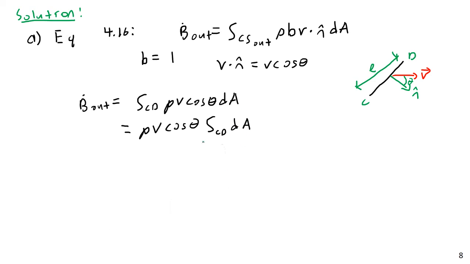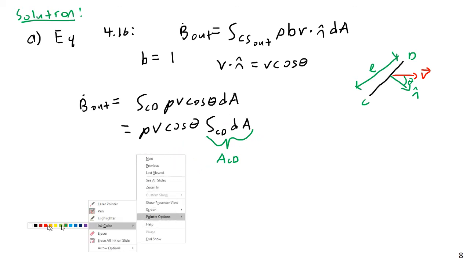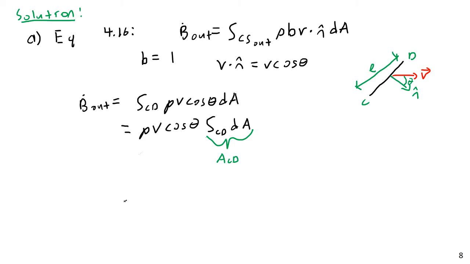This integral is just equal to the area between C and D. And if I combine this together, I find that B dot out is equal to rho v cosine theta A_CD.